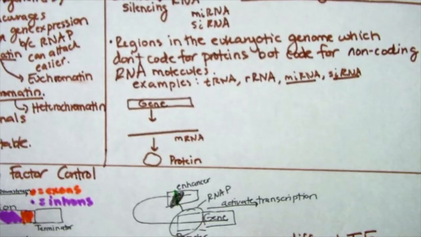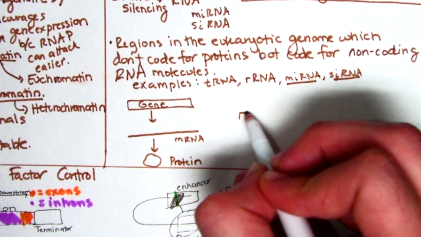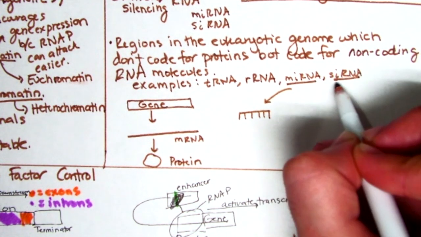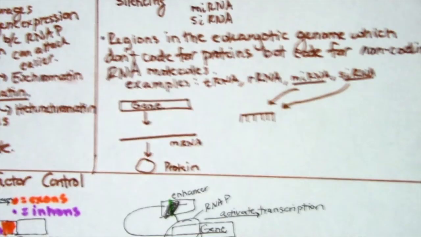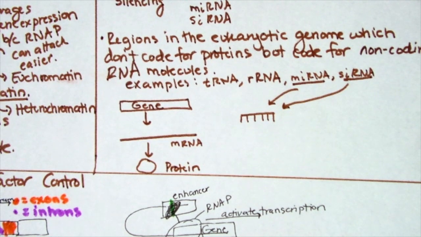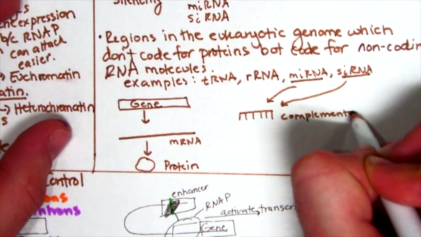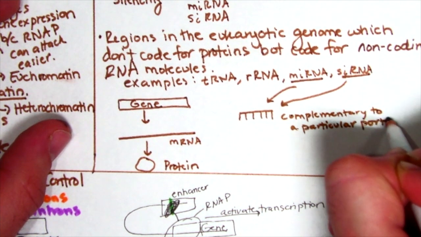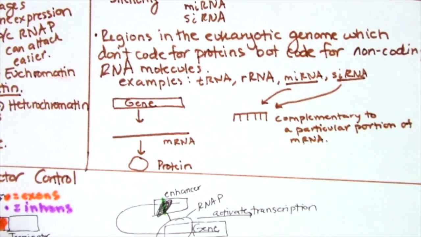So where miRNAs come into play, they are these short RNA molecules that are transcribed from the genome that are complementary to a particular portion of mRNA.